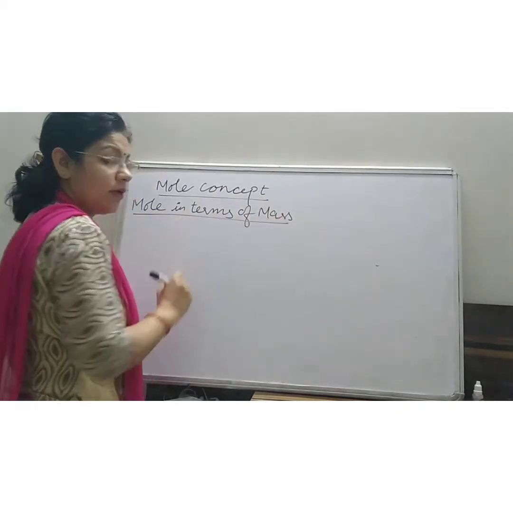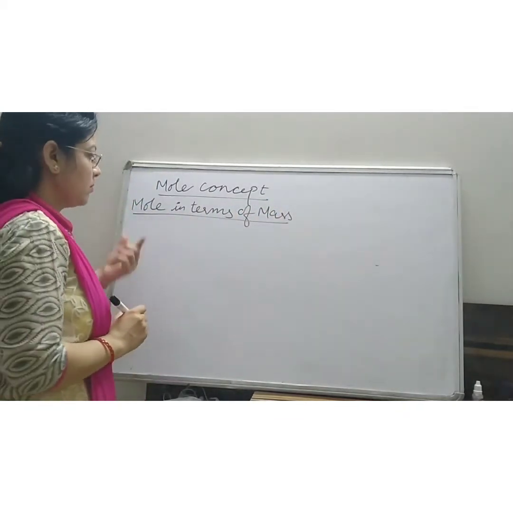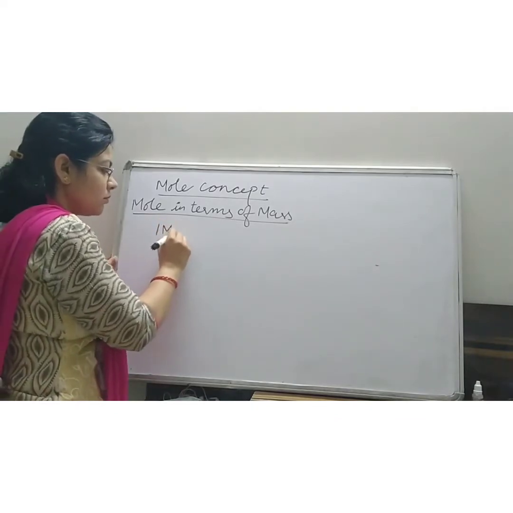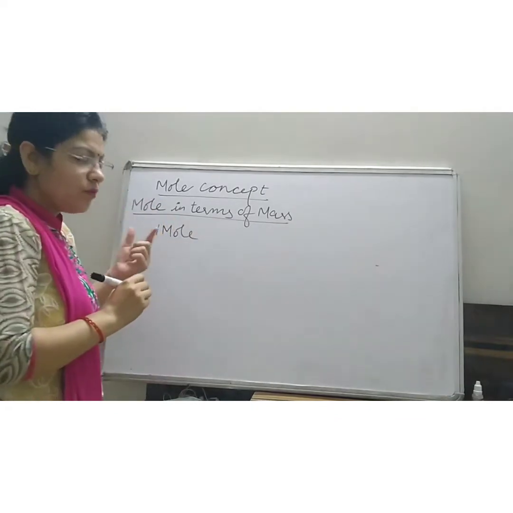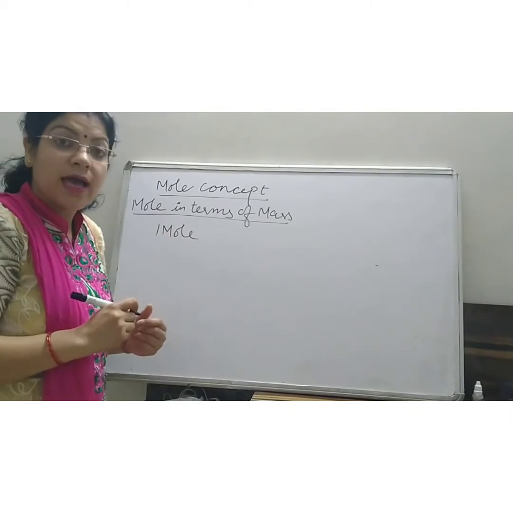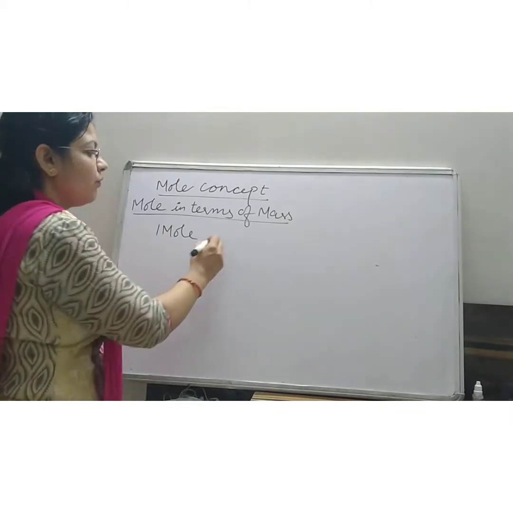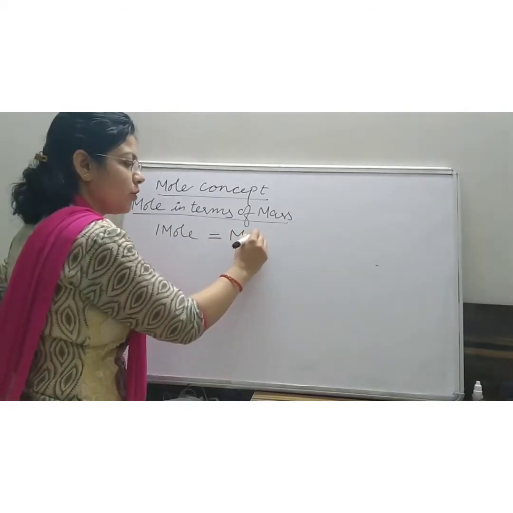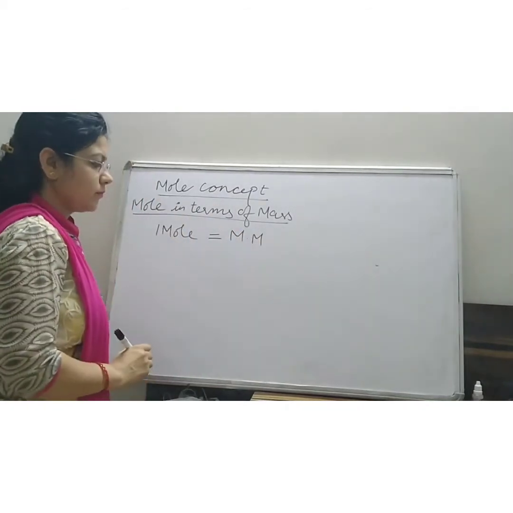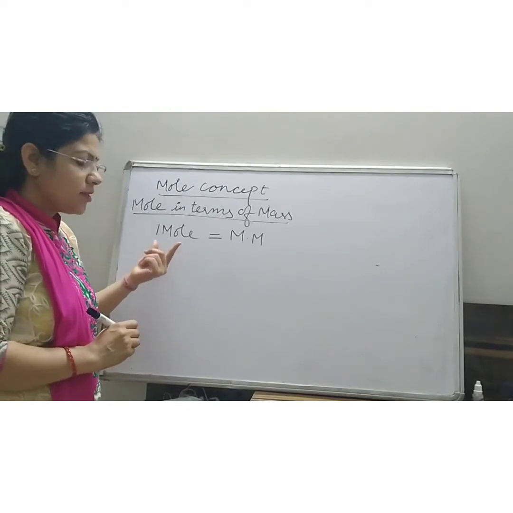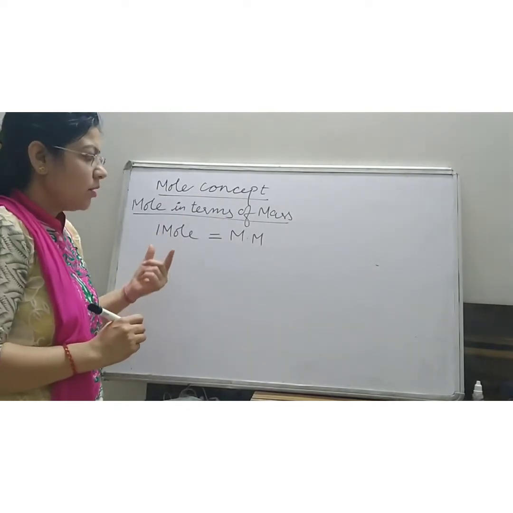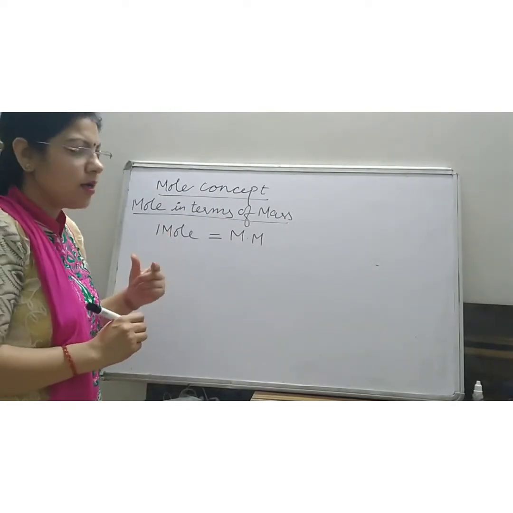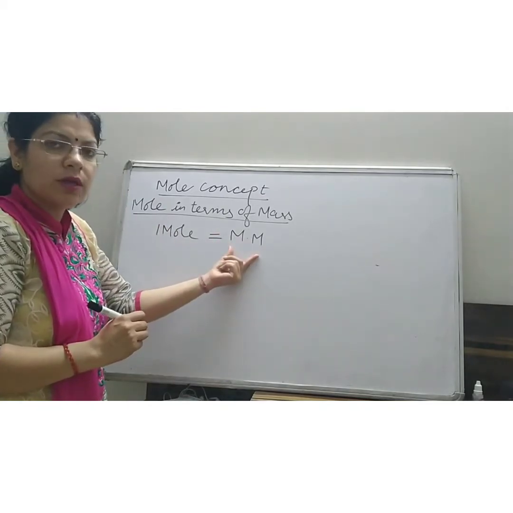How is mole defined in terms of mass? 1 mole of the substance is that physical quantity which has mass equal to its molecular mass. 1 mole is the amount of substance which has mass equal to its molecular mass.